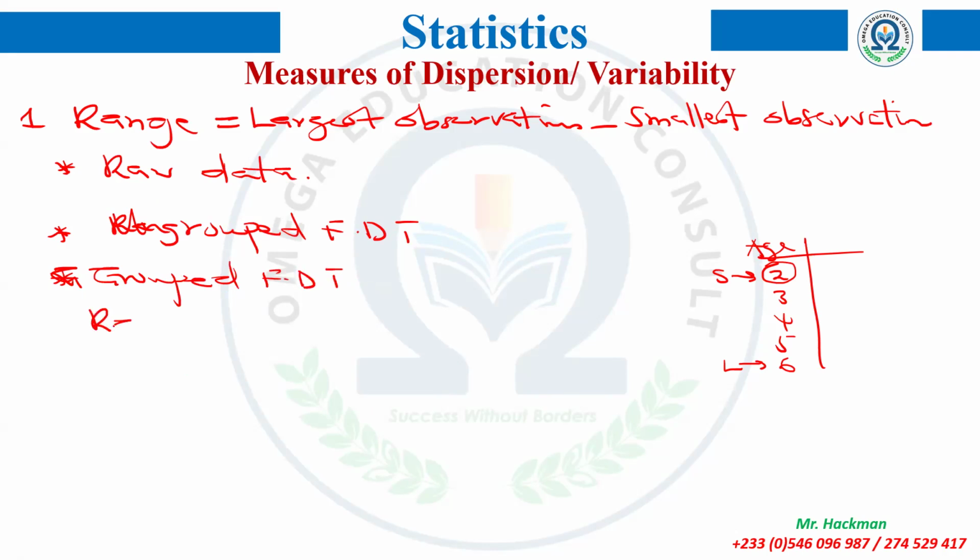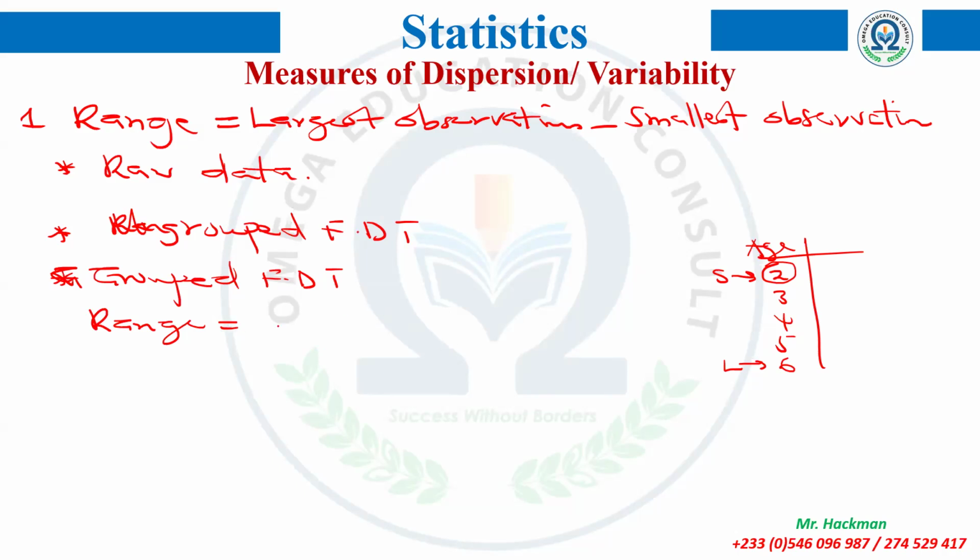The range will always be equal to, this time round, the smallest of the lower class boundaries, and the largest of what? Of the upper class boundary, the difference.